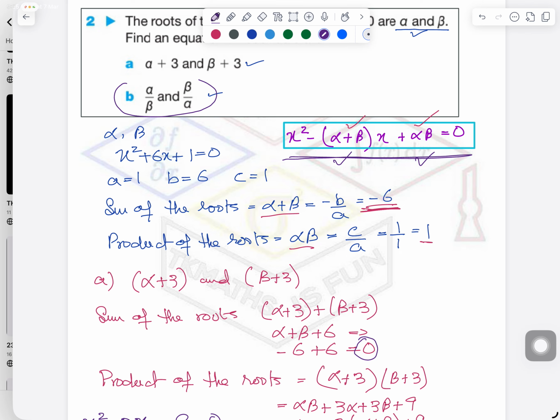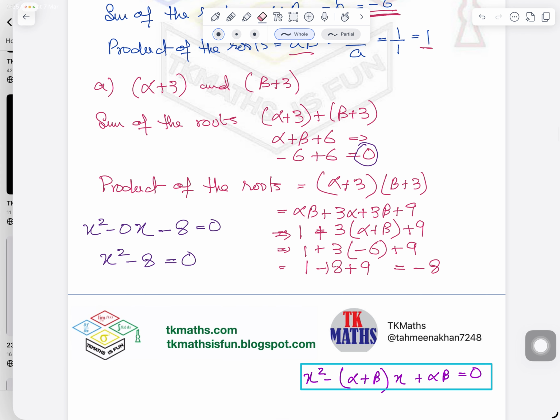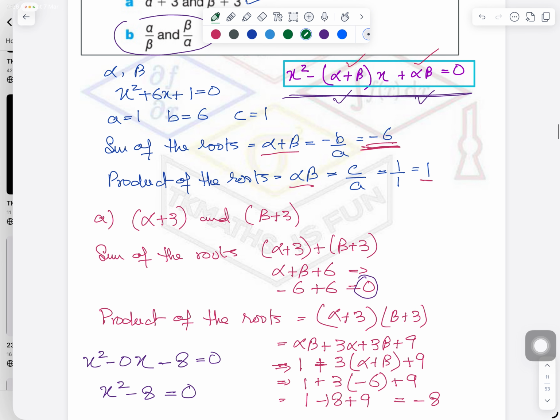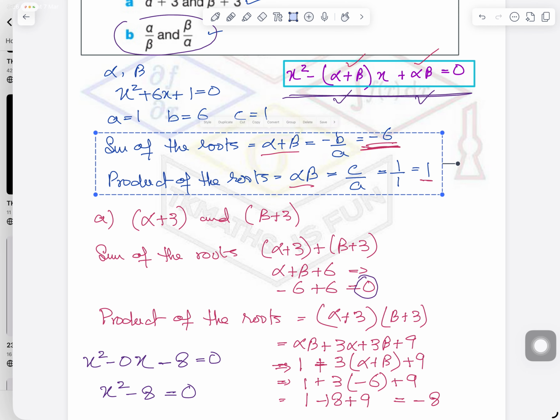This one. These are the roots. I have to use this.